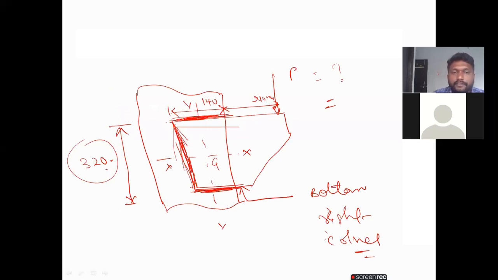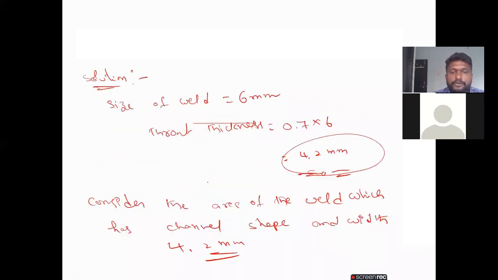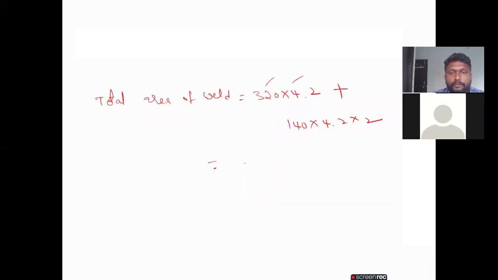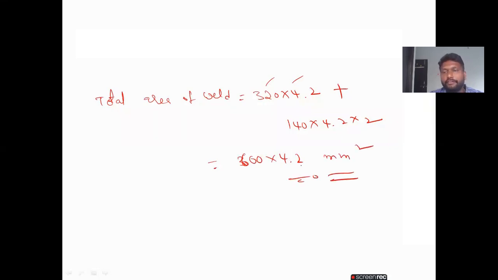So this side, and if you take here 140 into this thickness and also this thickness, so total 2 times are there. So 140 into 4.2 into 2. So if you take 4.2 common, this is 600 into 4.2 mm square. This is the total area of the weld.